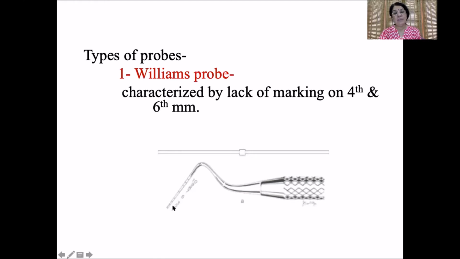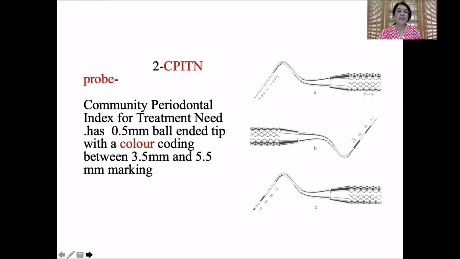If you have done a cavity preparation, the teacher will put the probe in the cavity and see at what marking is the depth of your cavity. Then you have the CPITN probe. It is an acronym for Community Periodontal Index for Treatment. It has a 0.5 mm ball end here, and there is color coding between 3.5 mm and 5.5 mm.